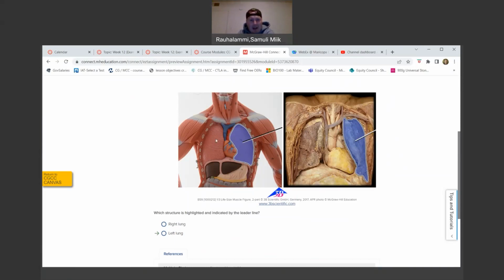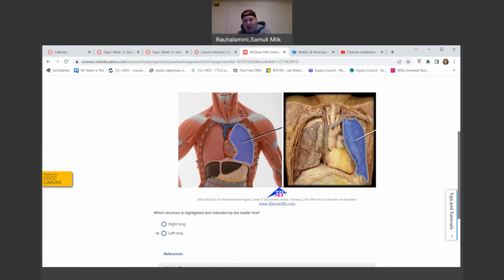On the right lung, we're going to be seeing superior, middle, and inferior lobes separated by the horizontal fissure. So the one that aligns with the horizon, separating the superior and middle lobe, and the middle and inferior lobe separated again by an oblique fissure.